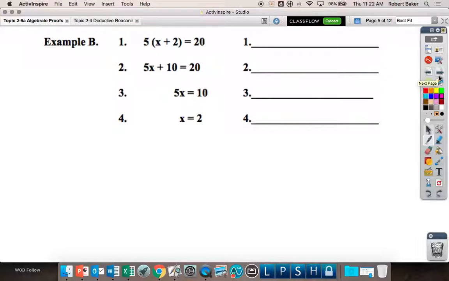Don't write this one, let's watch this one. Why is the statement 5 times x plus 2 equals 20 true? Given. Now, why is 5x plus 10 equals 20 true?